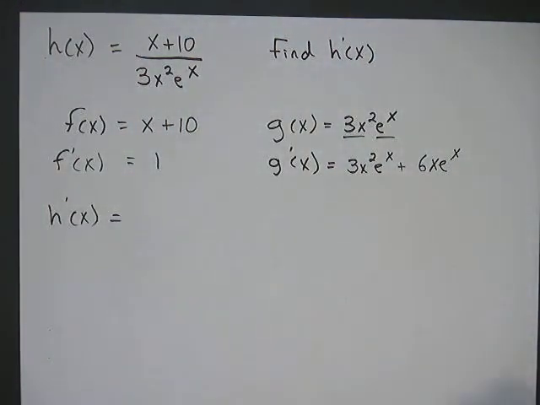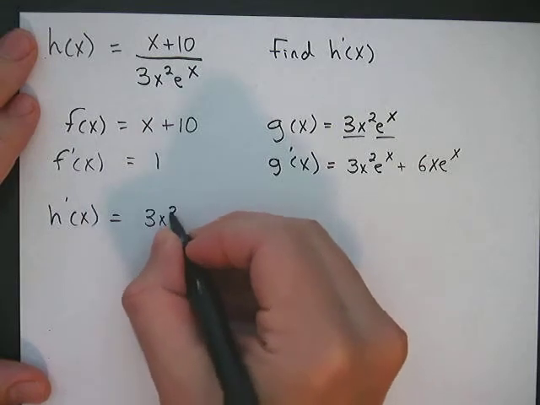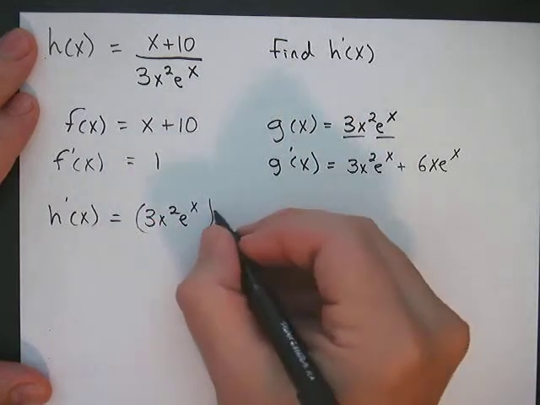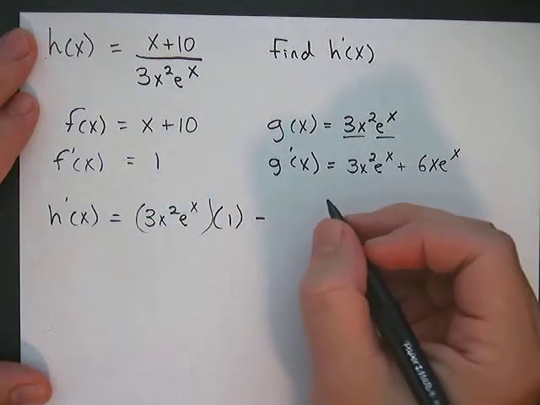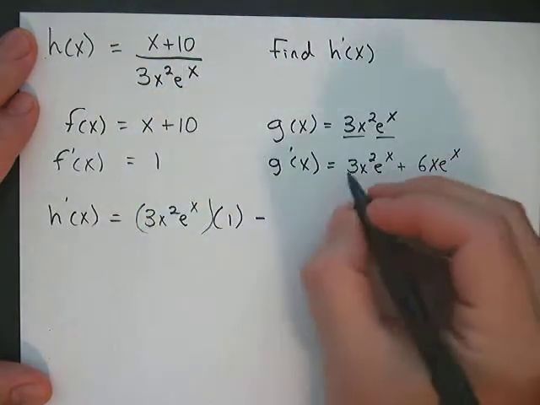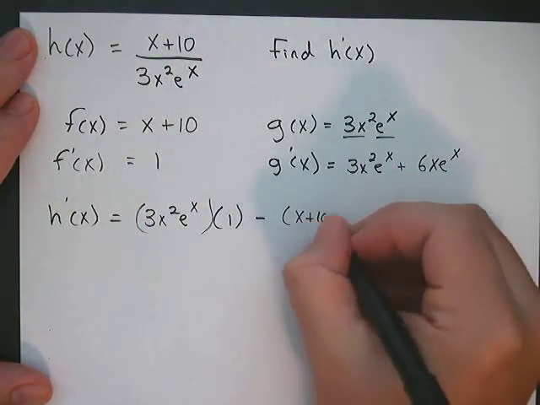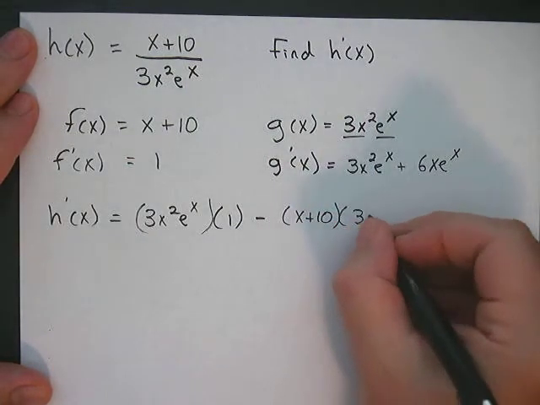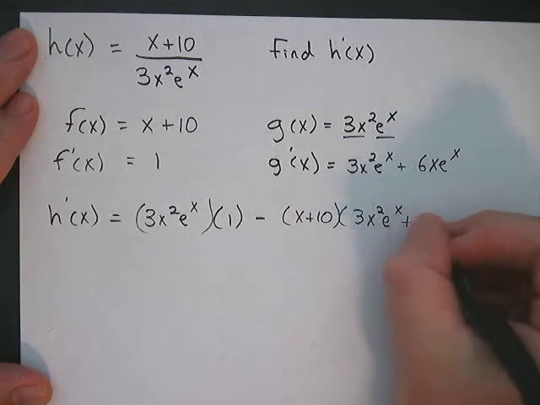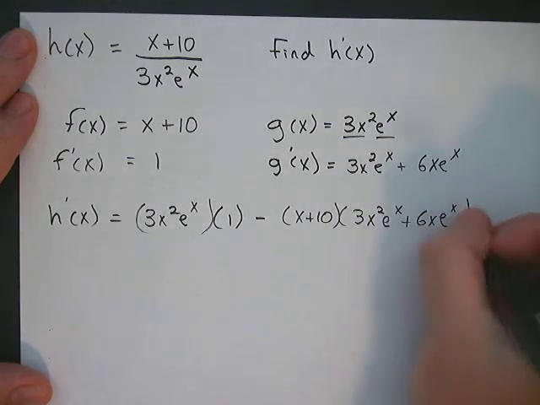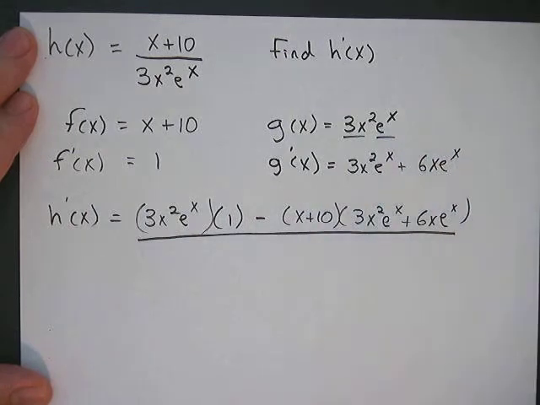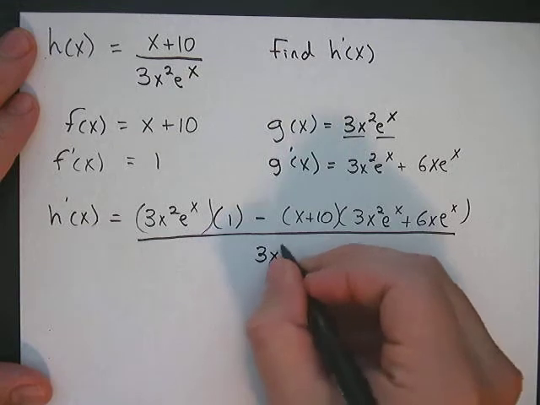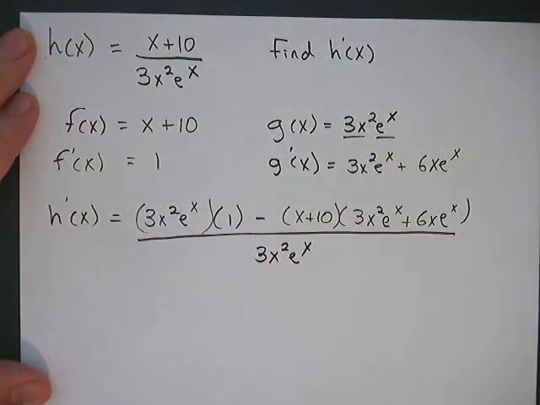So the bottom is 3x squared e to the x times the derivative of the top, which we already found to be 1, minus the top times the derivative of the bottom, which we found down here. 3x squared e to the x plus 6x e to the x. And then that's all divided by the bottom squared, the denominator squared. So 3x squared e to the x.